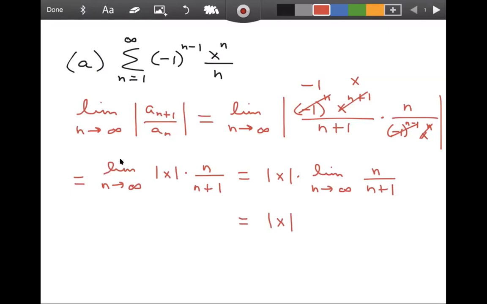Remember that the ratio test gives you a number that we call rho. And whenever rho is less than 1, your series converges. It actually converges absolutely.